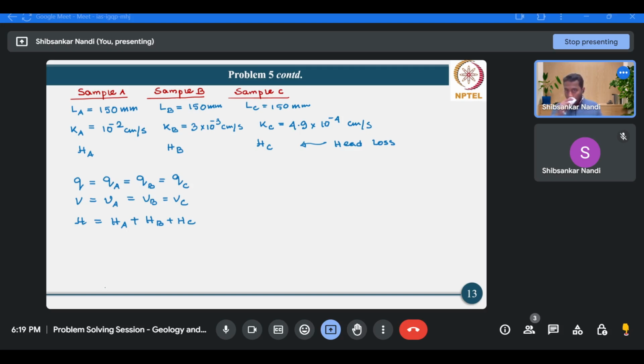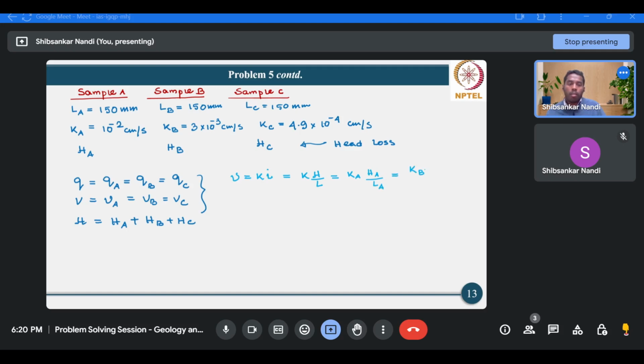Now, from Darcy's law, you know that V equals Ki. Again, this i is nothing but H upon L, head loss by the length over which the head is lost. Therefore, you can equate V to VA, meaning KA HA by LA.